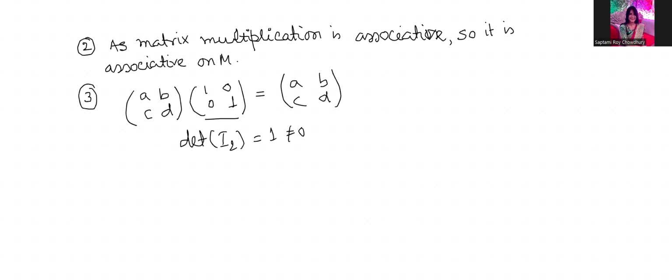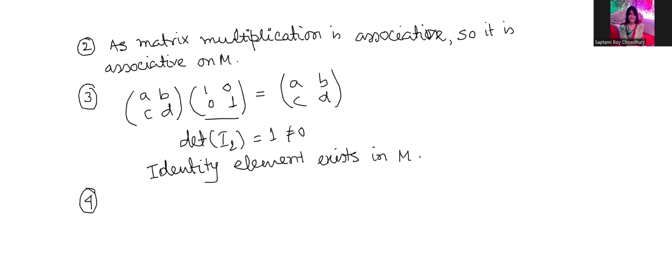That means the identity element exists in M.